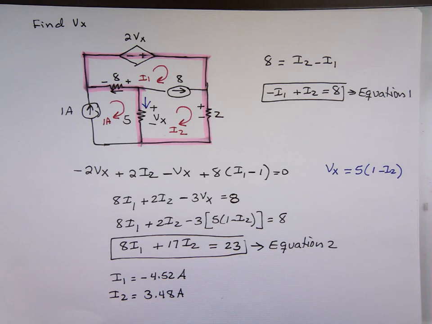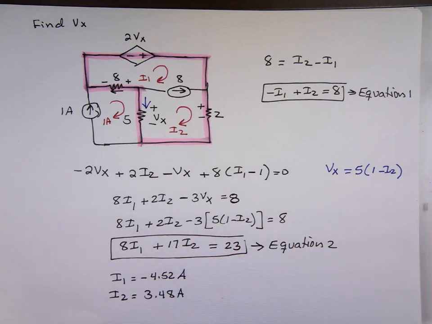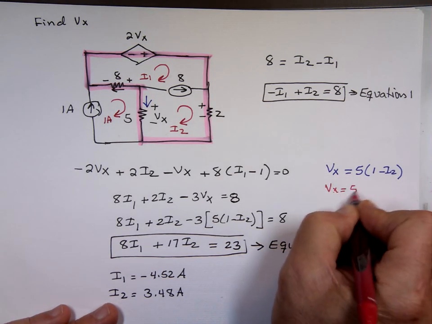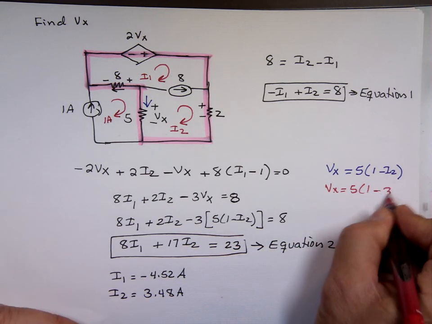Once you have these two, the question is to find Vx. Well, we know what Vx is. There's Vx. So what is Vx? Vx is going to be 5 times 1 minus I sub 2. What is I sub 2? 3.48.